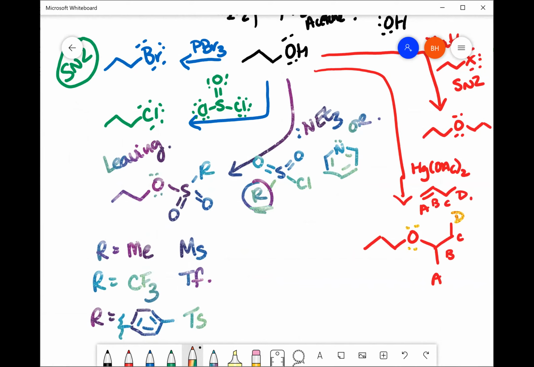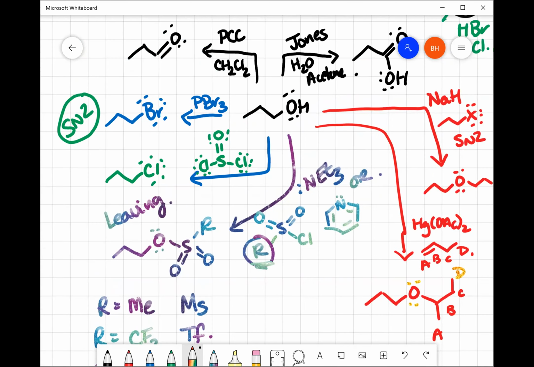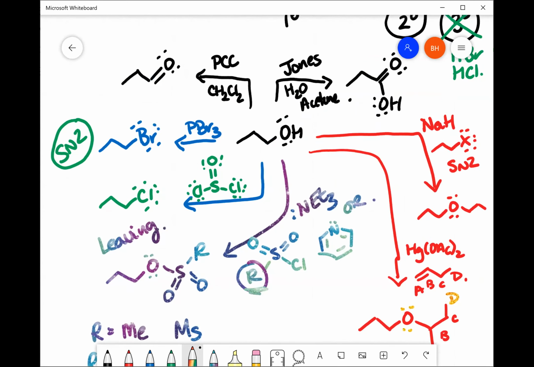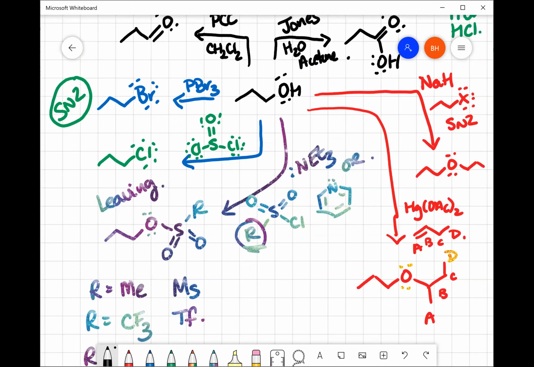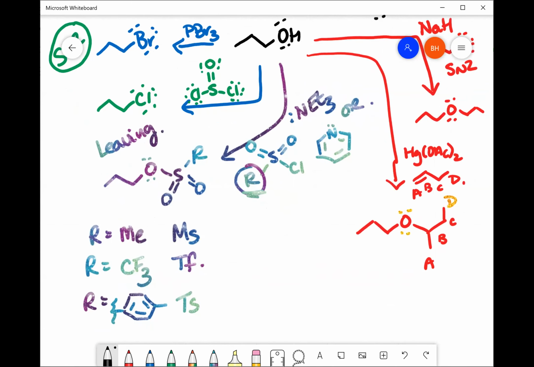Now, what other reactions did we do with alcohols? There's one other one I can think of, and that is the protecting group one.